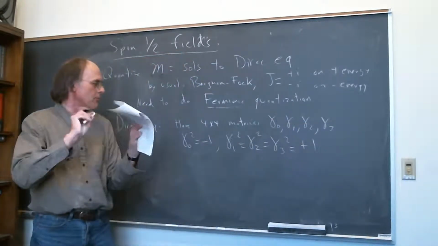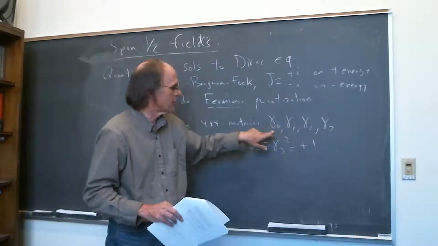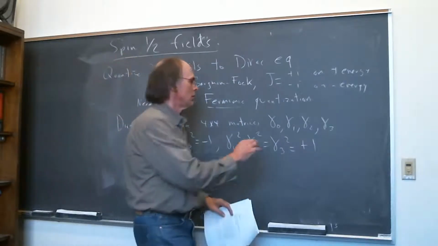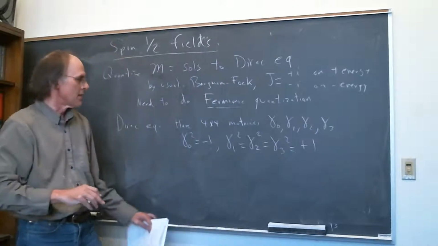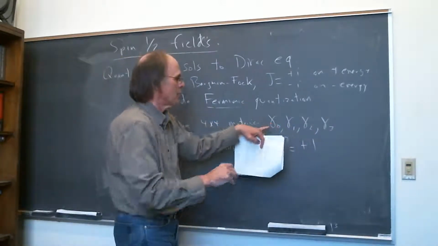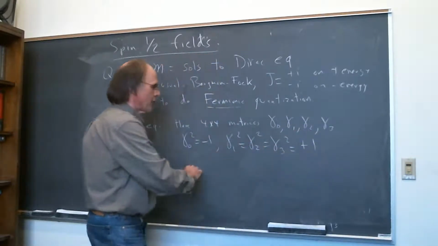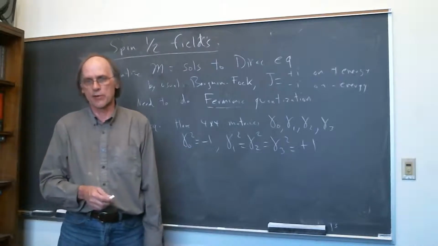And then all the rest of them, if you pick any two of them, they anti-commute. So gamma 1, gamma 2 is minus gamma 2, gamma 1. These are the anti-commutation relations of the different ones, and this is what happens if you multiply two of the same things. These are the defining relations for the Clifford algebra.